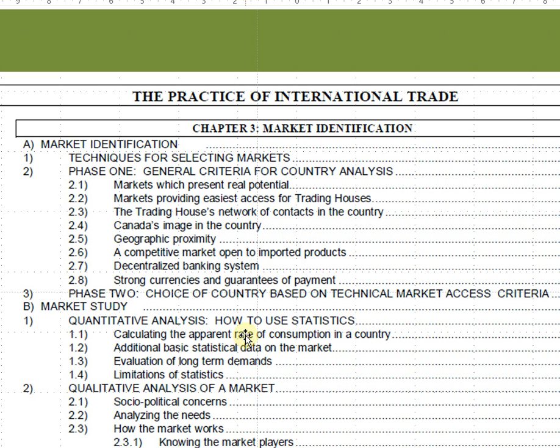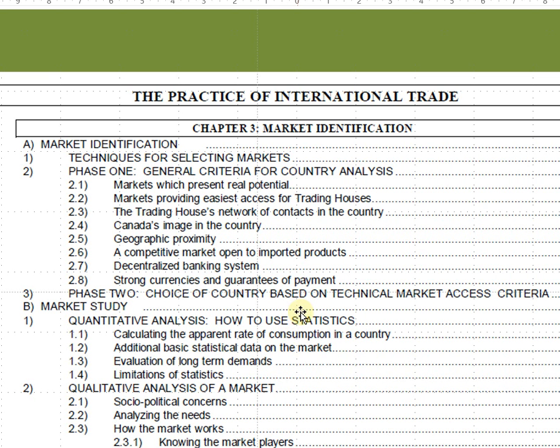But among these titles, we will deal with the important ones which should be emphasized, which are necessary in your real practice in the field.